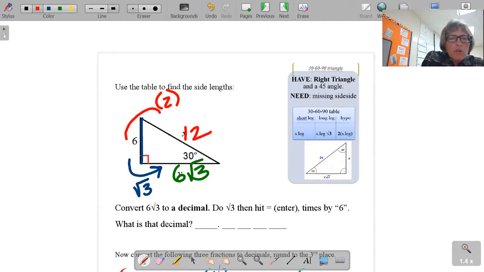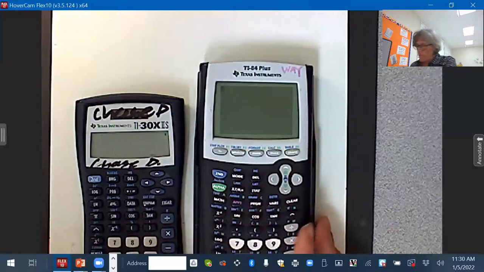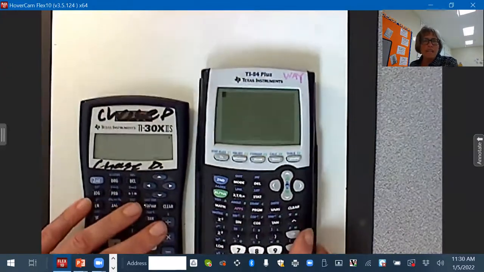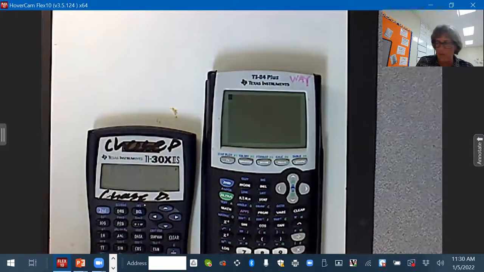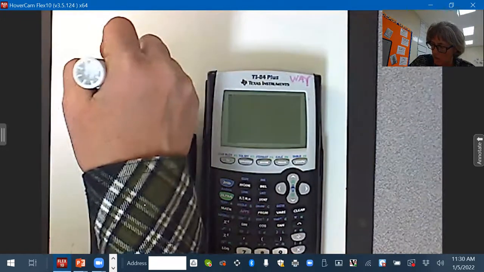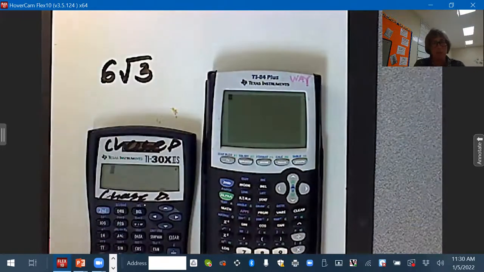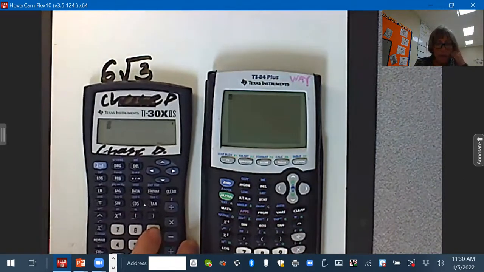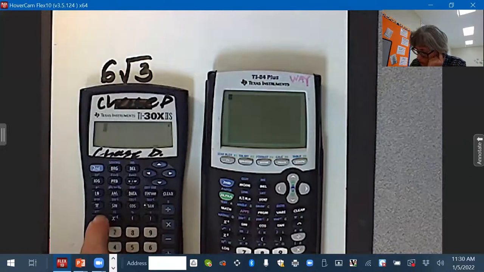So I want you to convert 6 root 3 to a decimal. And the way you're going to do that is, I'm only going to use the large screen calculator here. First we're trying to get 6 root 3 into a decimal because I want you to see 6 root 3 as a decimal. So on this calculator on the left, first we're going to do the square root of 3.